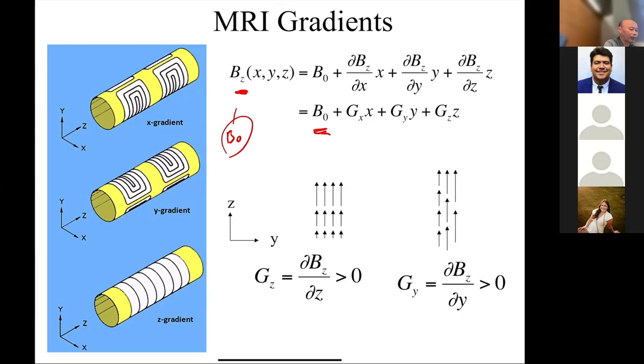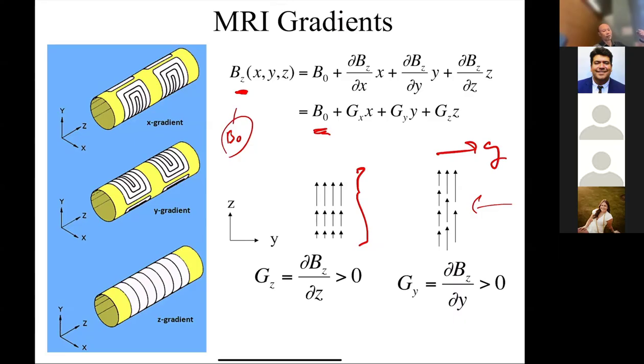For example, here, each of these arrows is indicating the strength of the field. In this case, as I move along in the Z direction, the fields are getting stronger. So we would say that's a GZ gradient, which is dBz/dZ. That GZ gradient is greater than 0. Over here, let's say this is the Y direction, we're seeing that the Z component of the field is getting stronger as I move in the Y direction.